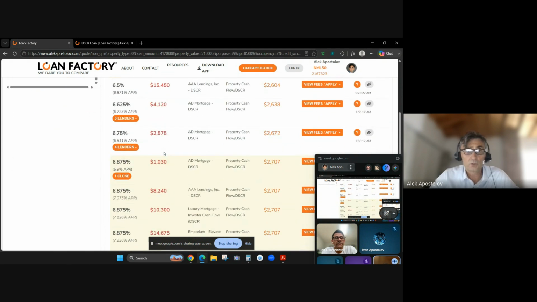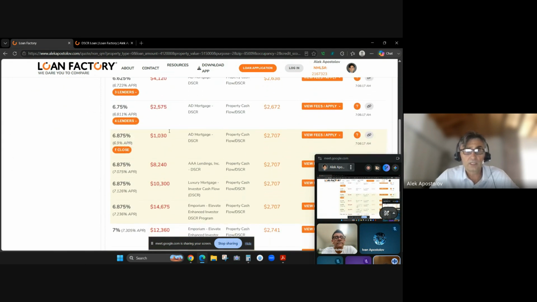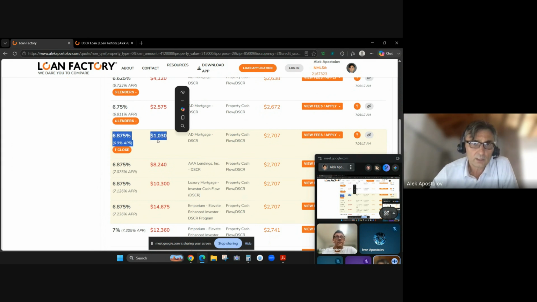So out of all this interest rate and different lenders, I believe that this one here is the best deal, even though it is a charge of $1,000 and $1,030 to pay for this rate. Is much better than some of the other lenders.